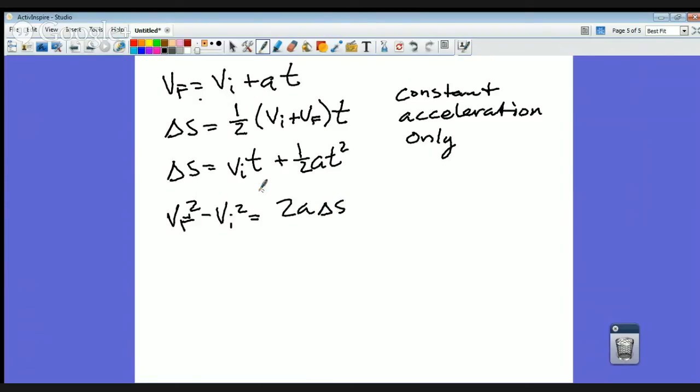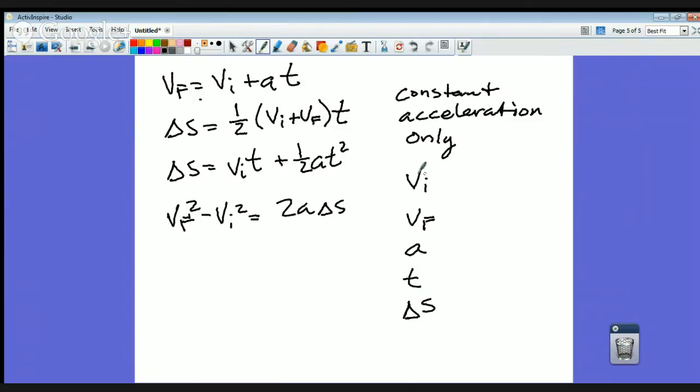With these equations, there are 5 variables: the initial velocity, the final velocity, the acceleration, the time, and the change in position. If I give you any 3 of those, you can find an equation that will let you find one of the other 2.